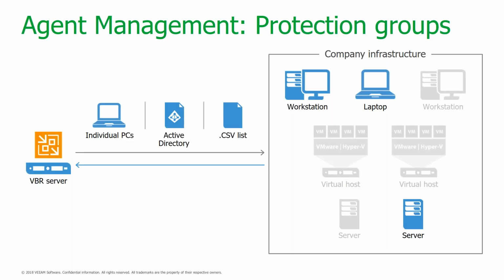And then a third option is an export from a content management system. So if you have something that manages workstations and servers and updates for those types of systems, if you can export that, we can take that as an input on where to deploy the Veeam agents. So these protection groups are a really critical construct that we want to start with.